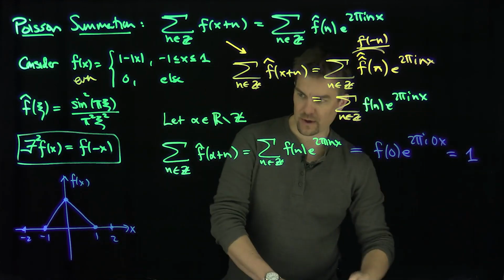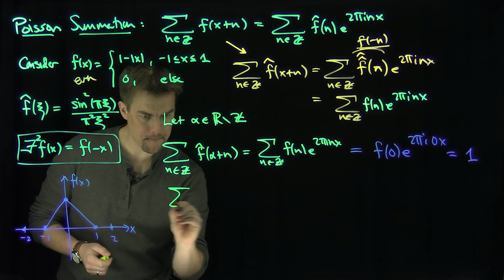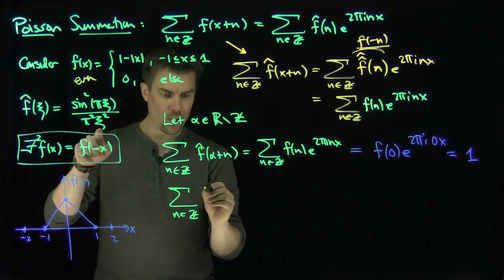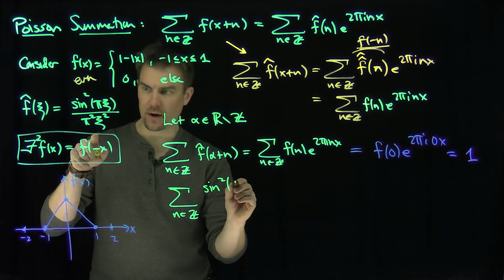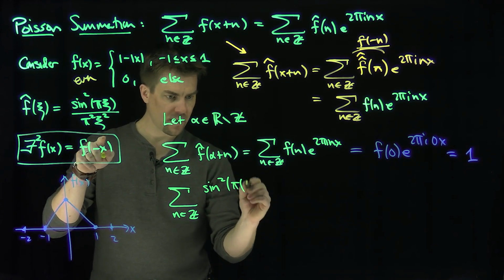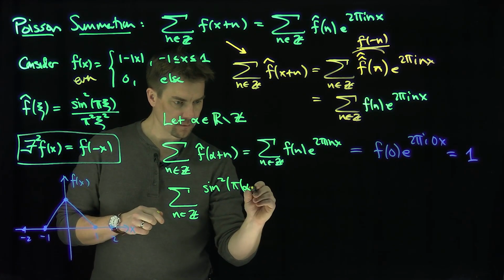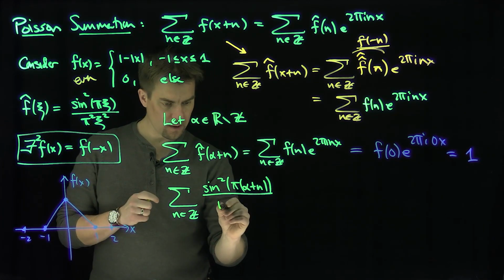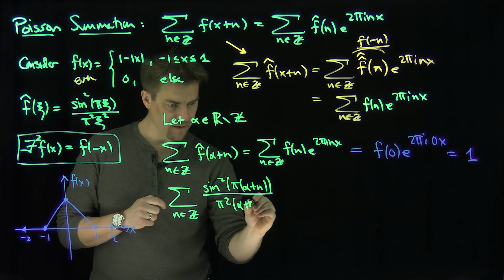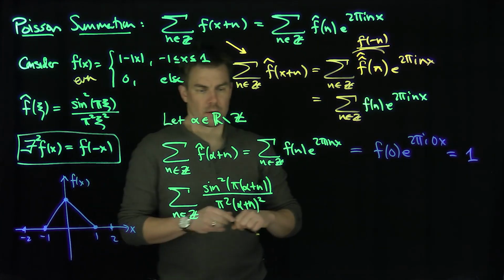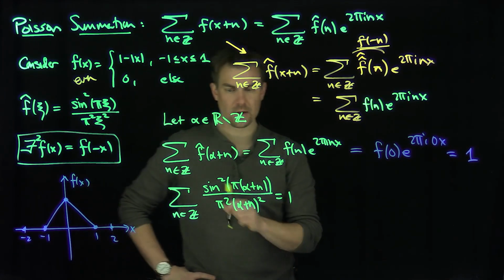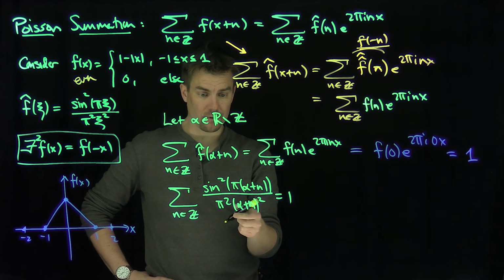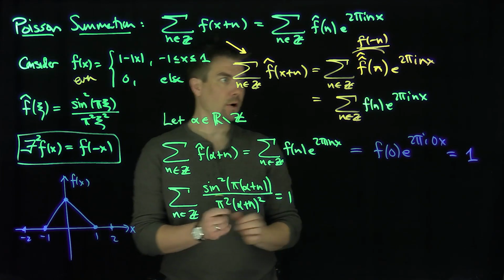So what's our conclusion from this? Our conclusion is that the sum over n in Z of sine squared of pi times alpha plus n over pi squared times alpha plus n squared is equal to 1. Now, when I have sine of pi times alpha plus n, let's recall what that's going to give us.